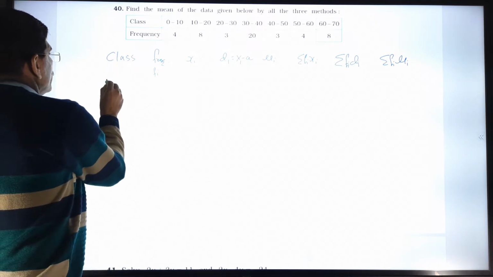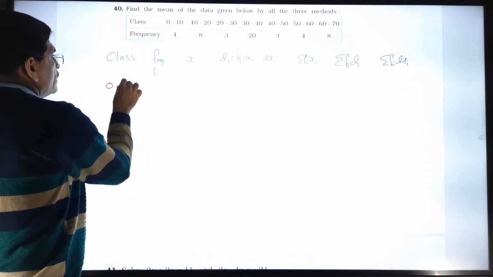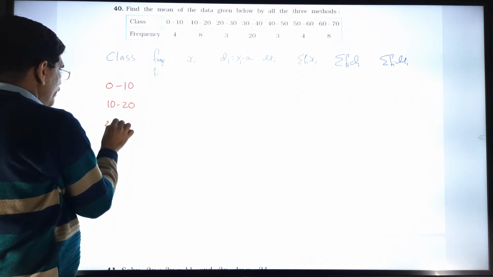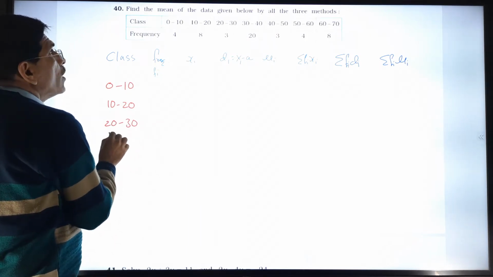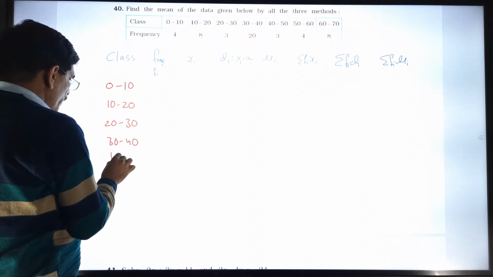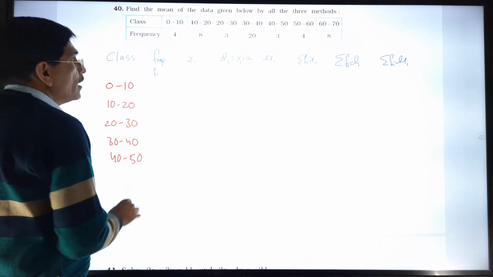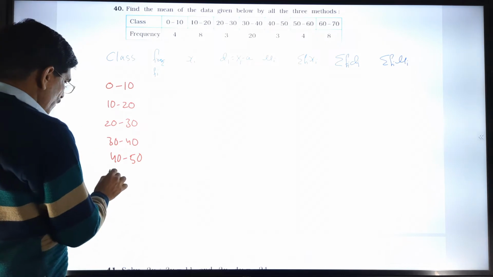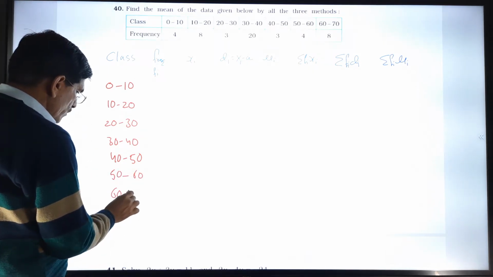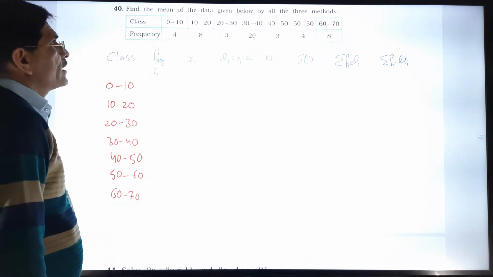So 0 to 10, 10 to 20, 20 to 30, 30 to 40, 40 to 50, up to 50 to 60 and 60 to 70.